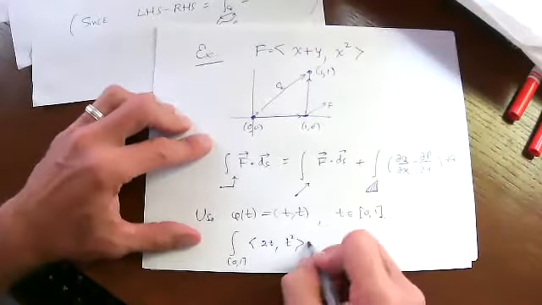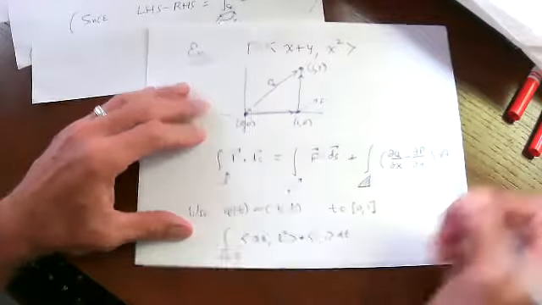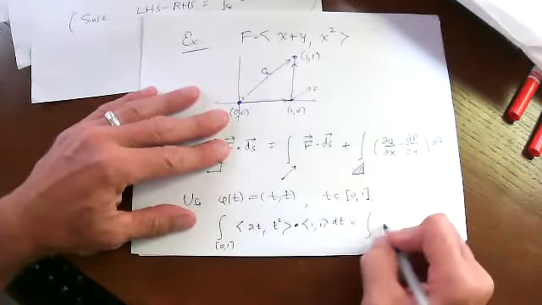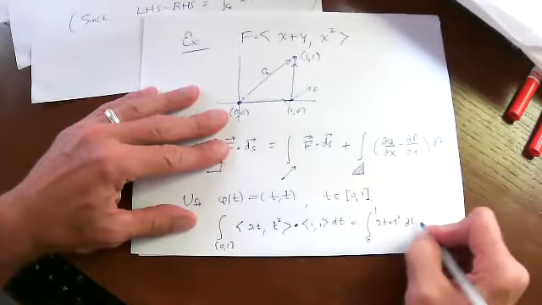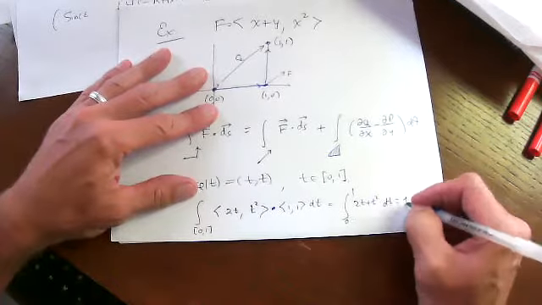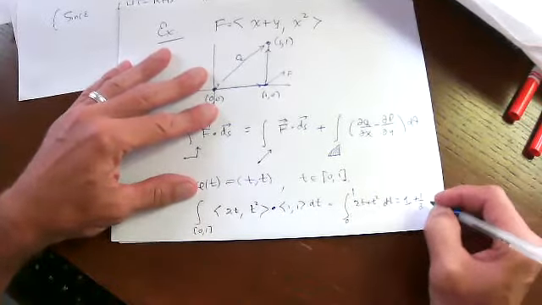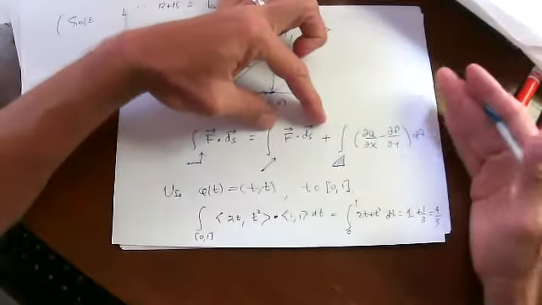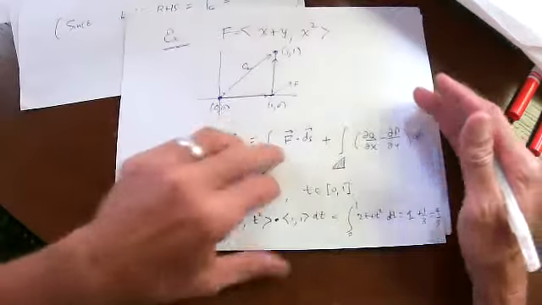And then you need to take the dot product of that with your velocity vector, which is obviously 1, 1. So the only function you have to integrate is 2t plus t squared from 0 to 1. And any calculus student can help you do that. The antiderivative is t squared for this part and t cubed over 3 for this part. So there's that line integral. That's this expression here. I've just evaluated the line integral that shows up on the right-hand side.